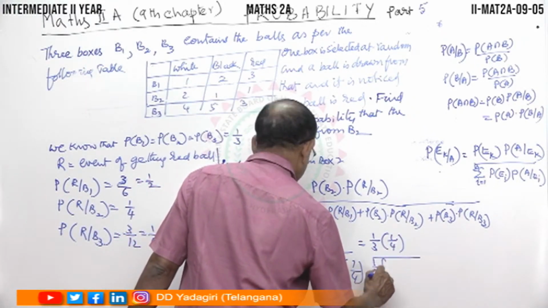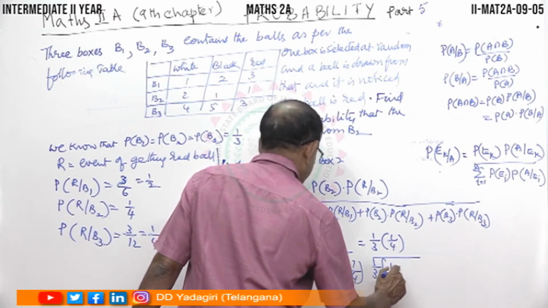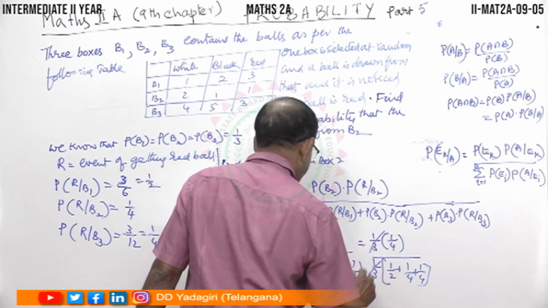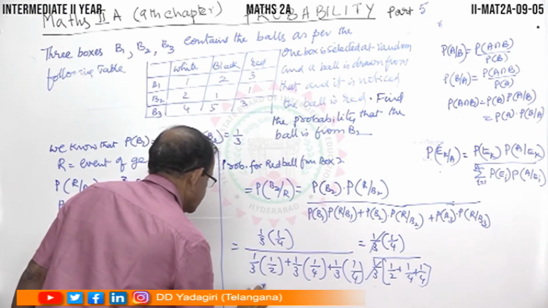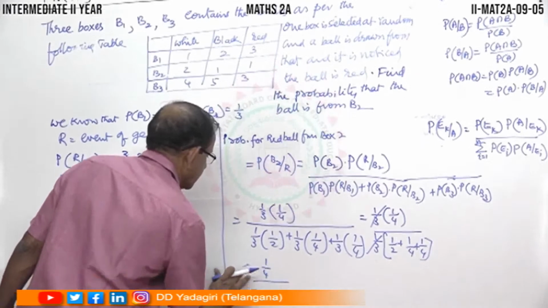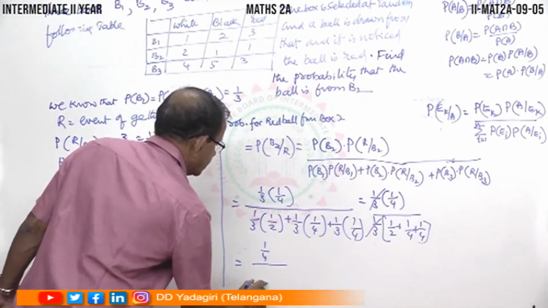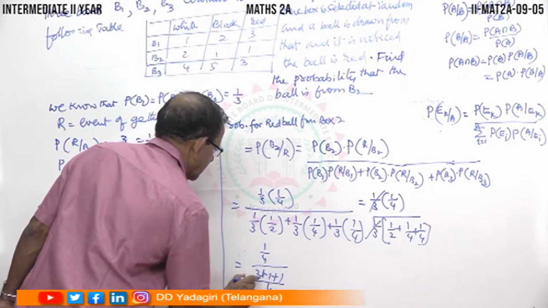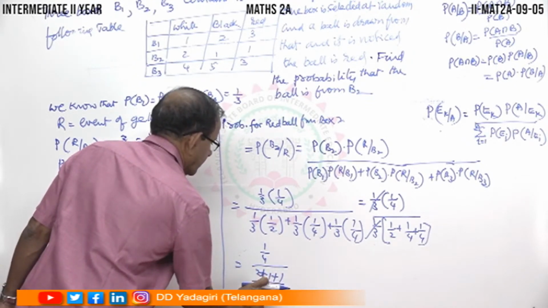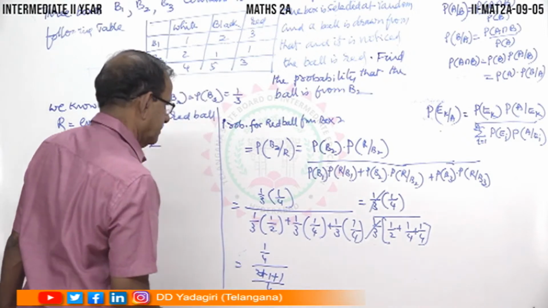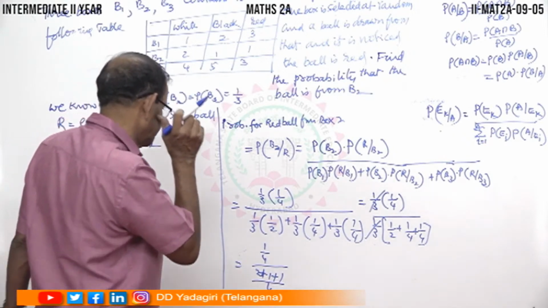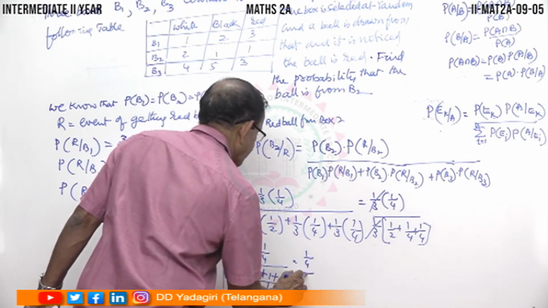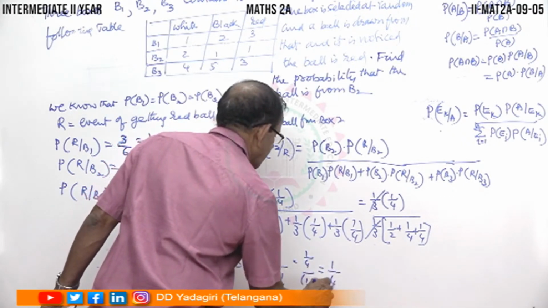Cancel 1 by 3. That is 1 by 4 divided by 1 by 2 plus 1 by 4 plus 1 by 4. 4 is the LCM: 2 plus 1 plus 1 is 4 by 4, which is 1. So that is equal to 1 by 4.